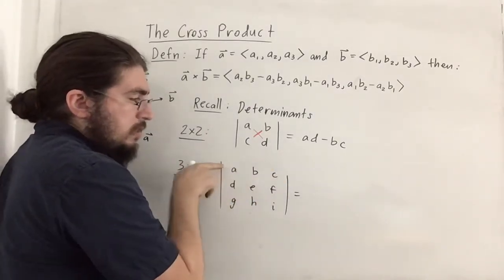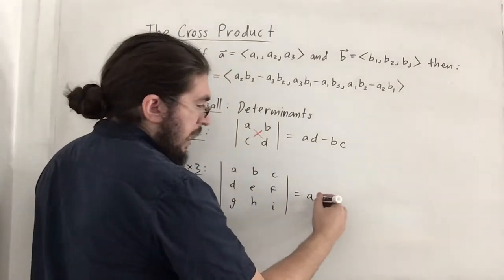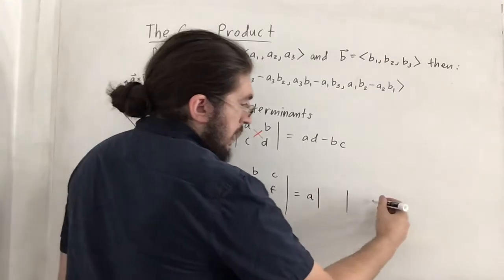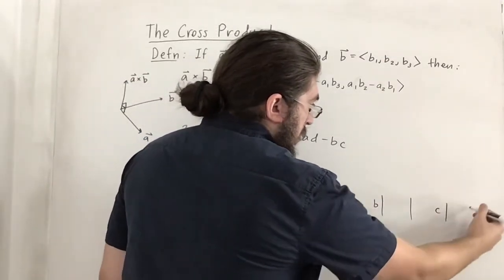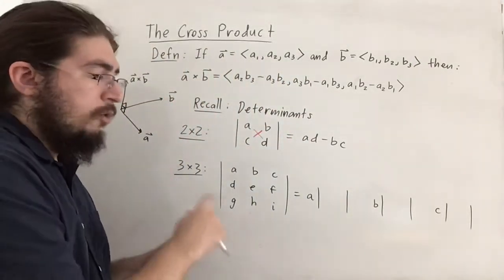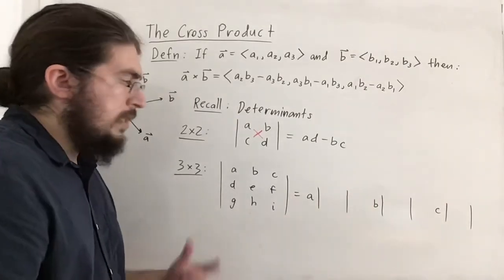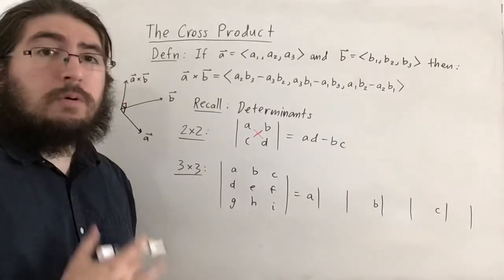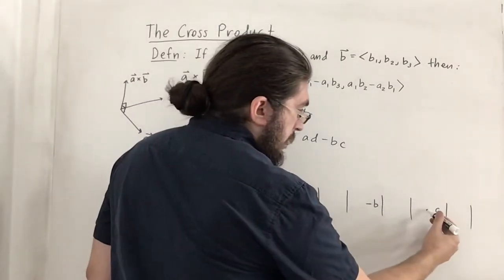So if I use this row, then I'm going to use each of these letters, A, B, and C, multiplied by these determinants of 2 by 2s that you get by crossing out the row and column that contains that letter A, B, or C, which I know sounds kind of funny. And not only that, we'll alternate the signs, plus, minus, plus.